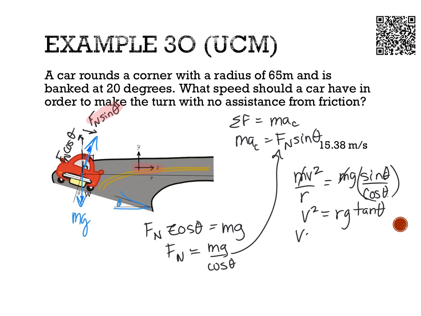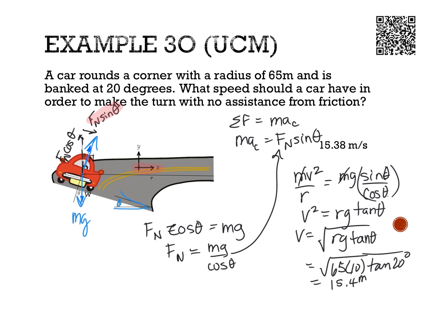So the velocity is going to be the square root of rg tan theta. Okay, so we can plug in values there. Radius is 65, gravity's 10, times the tangent of 20 degrees. We should get approximately 15.4 meters per second that this thing can go, that's as fast as it can go without needing the assistance from friction.